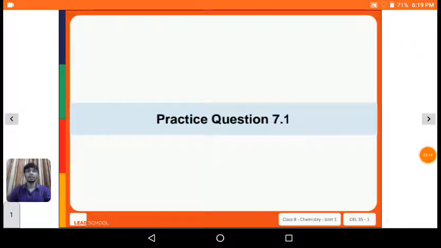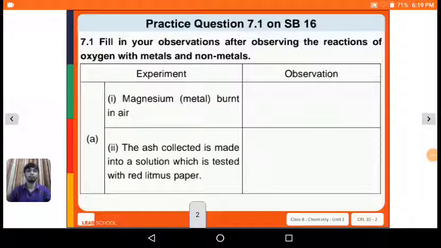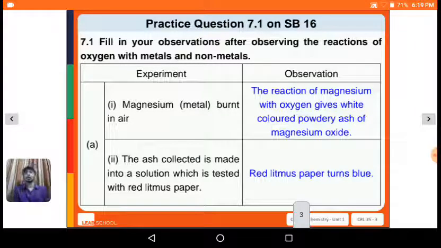Now solve practice question number 7.1. Fill in your observation after observing the reaction of oxygen with metals and non-metals. Magnesium metal is burned in air and the ash is dissolved in a solution which is tested with a red litmus paper. अभी एक वीडियो देखने वाले हैं, इसके बाद उसके रिलेटेड ये क्वेश्चन है.